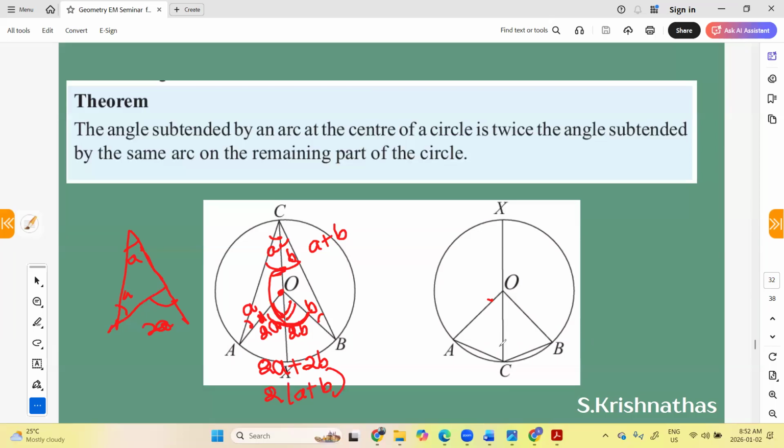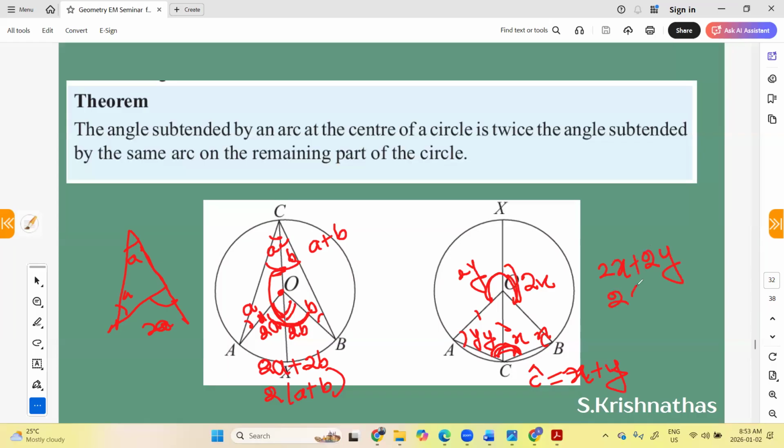Students, here, if this is y, this one is also y, so this one is 2y. Same thing, if this is x, this one is x, and this one is 2x. So this angle C is x plus y. This reflex angle at the center is 2x plus 2y.